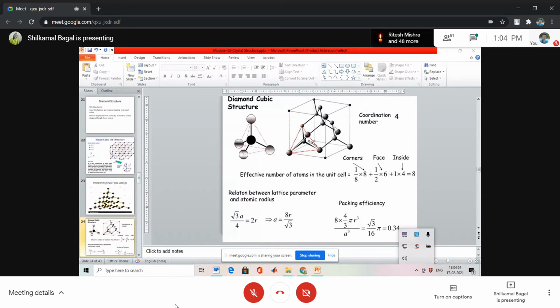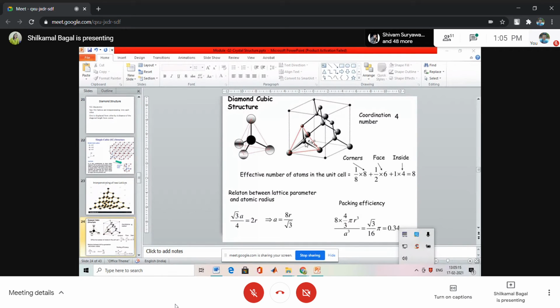And by considering this cubic structure, if we calculate the total diagonal length of the unit cell, then in terms of A, it will be A root 3, just by applying the Pythagoras theorem. That is so easy, you can calculate that. So the total diagonal of the unit cell in terms of lattice constant will be A root 3.